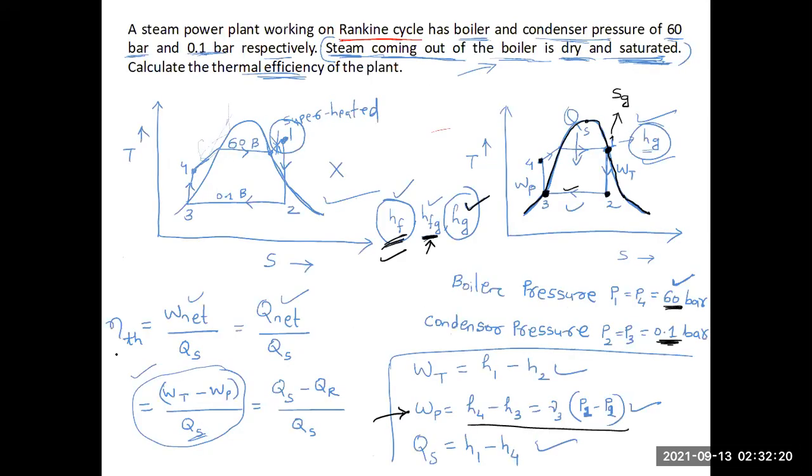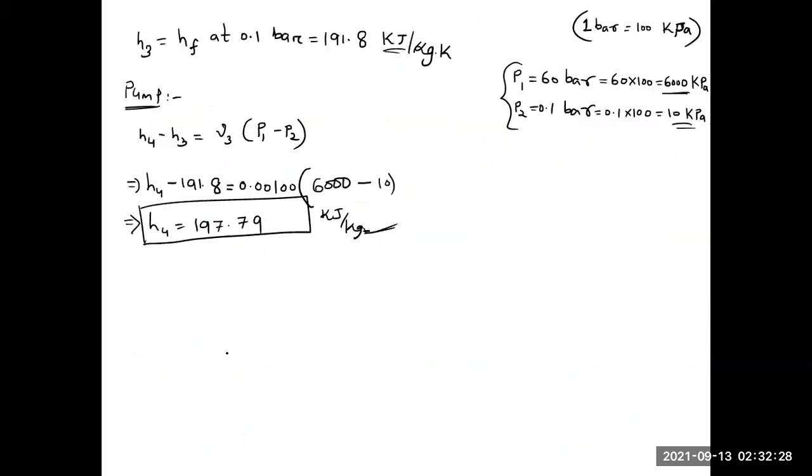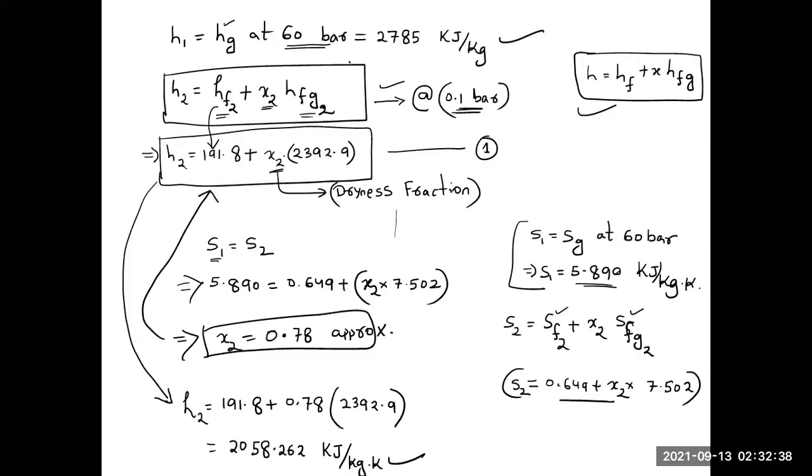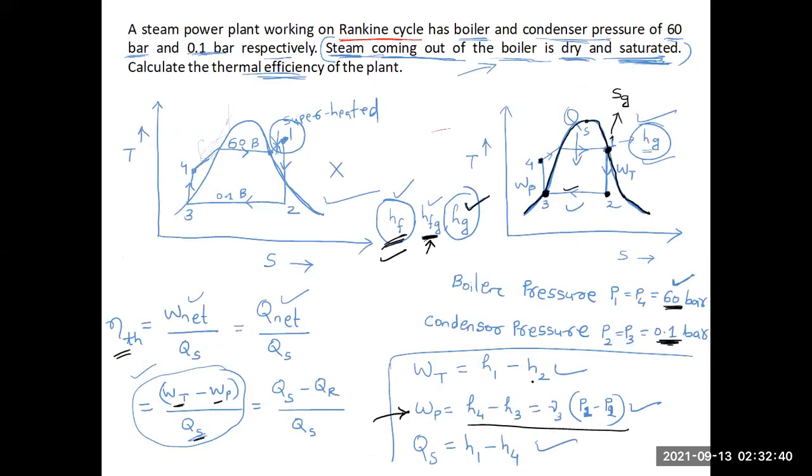Then we will calculate the thermal efficiency by using the formula (WT minus WP) divided by QS. Okay, so now thermal efficiency equals WT minus WP divided by QS. What is WT? WT is H1 minus H2.